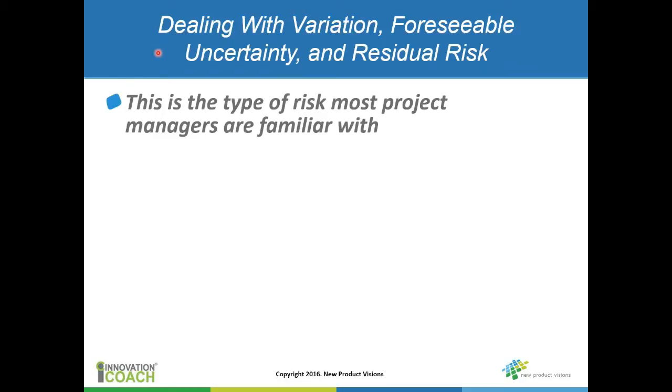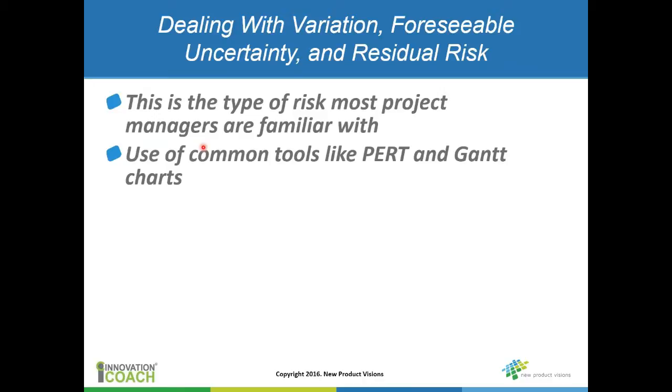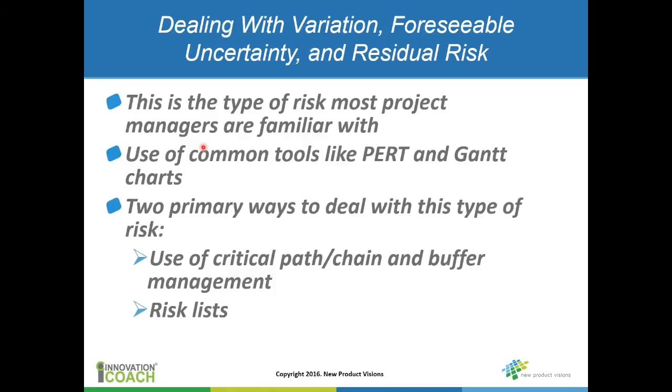This type of uncertainty is really the type of risk that most project managers are really familiar with. And we use some very common tools in order to manage this risk, for instance, Gantt charts. And we deal with it in a couple different ways. In terms of task variation, we look at the critical path, we generate our Gantt charts, maybe we use the critical chain method and buffer management.